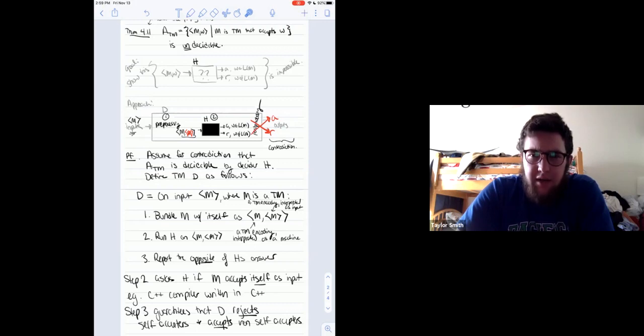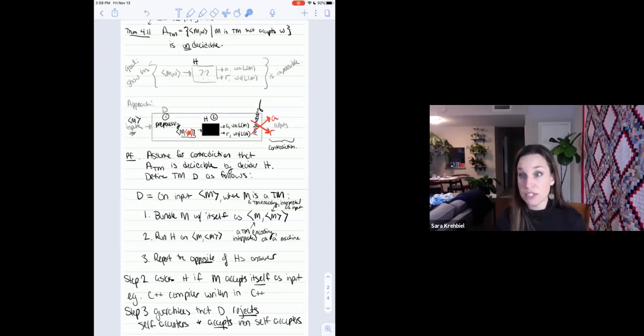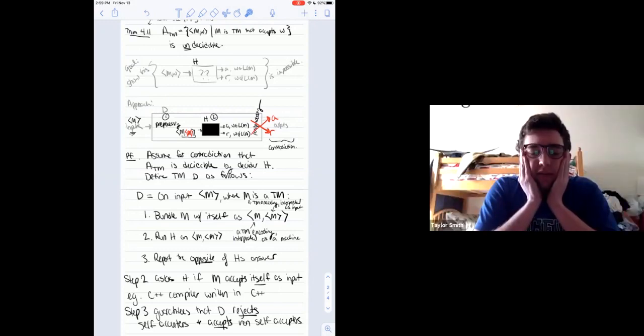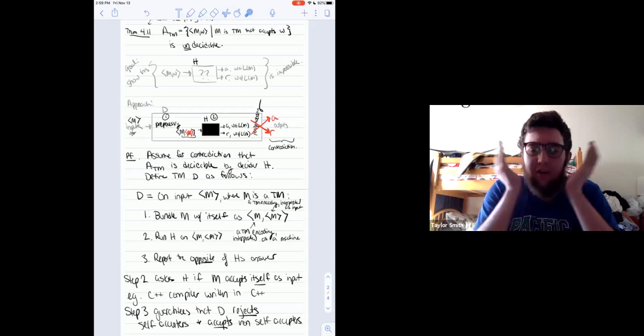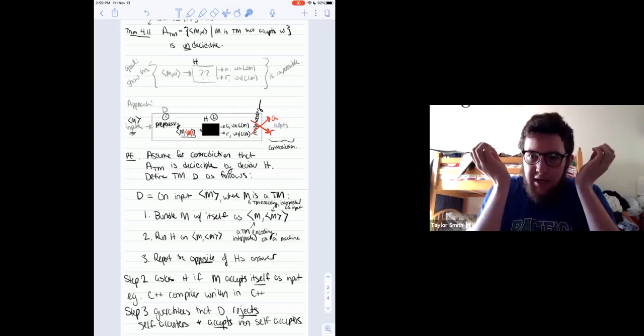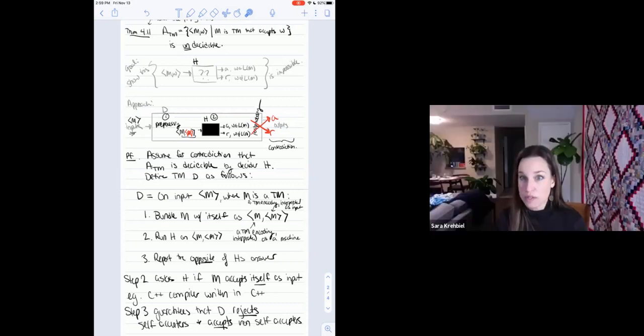So ATM contains multiple different Turing machines? Yes, but all of them are bundled. I'm just confused about where the emphasis is, where we're starting from. Are we starting with a string and making Turing machines that recognize it, or are we starting with a Turing machine? Both at once. So ATM says, give me a machine, give me a string.